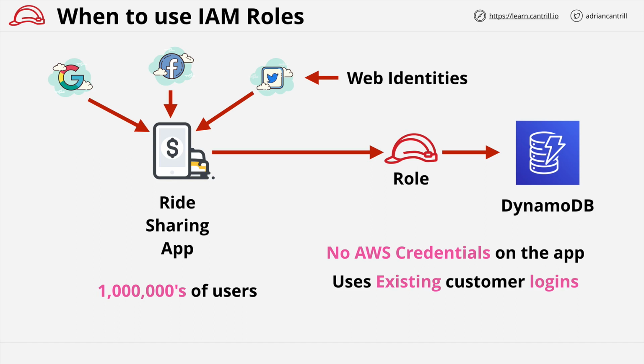Secondly, it makes use of existing accounts that your customers probably already have, so they don't need yet another account to access your service. And lastly, it can scale to hundreds of millions of users and beyond, and it means you don't need to worry about the 5,000 user IAM limit.